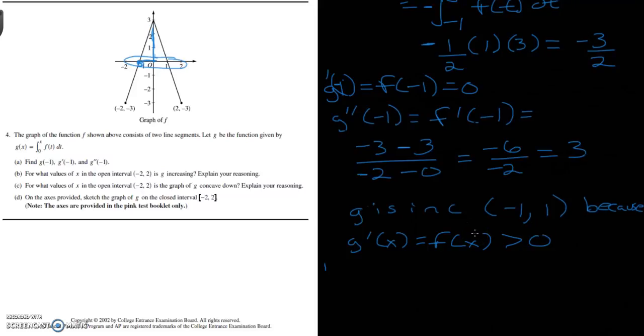Now it says, for what values of x in the open interval -2 to 2 is the graph of g concave down? Explain your reason. In order for something to be concave down, the second derivative has to be negative. So you would say g double prime of x is equal to f prime of x, which is less than 0 on the interval.